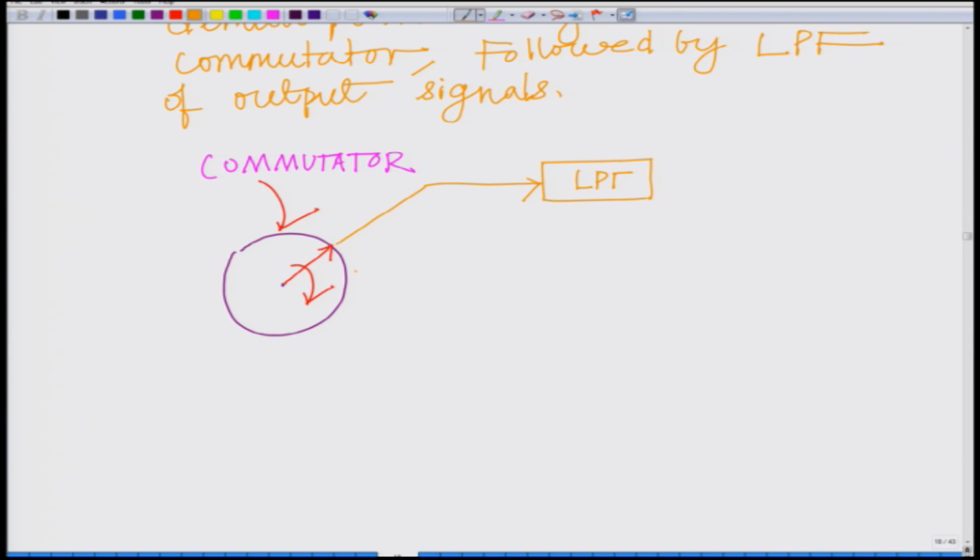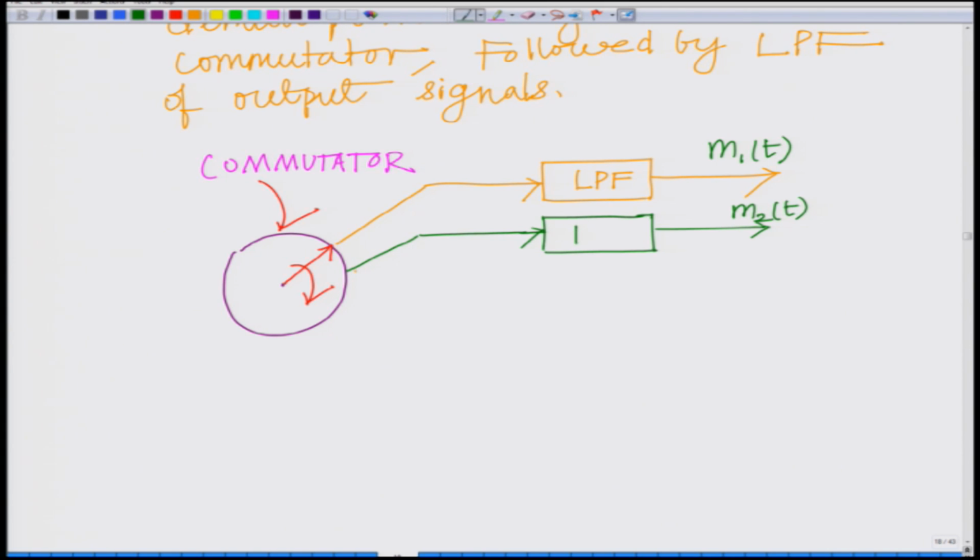For instance, this is low pass filtered, this yields your M1T, this is low pass filtered, this yields M2T, and this is also low pass filtered to yield MnT.